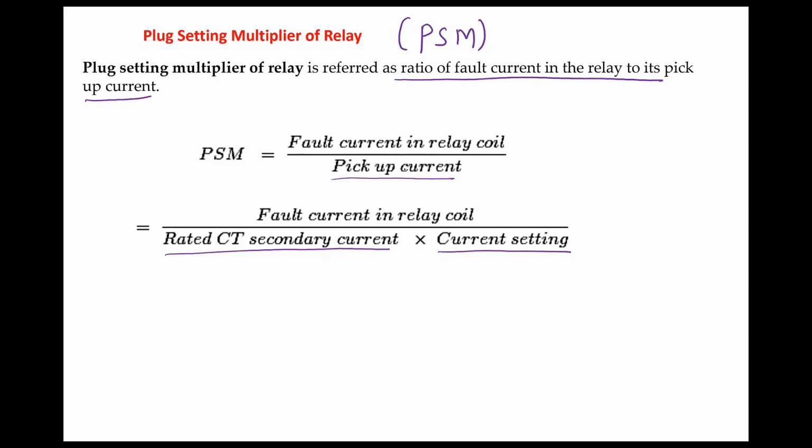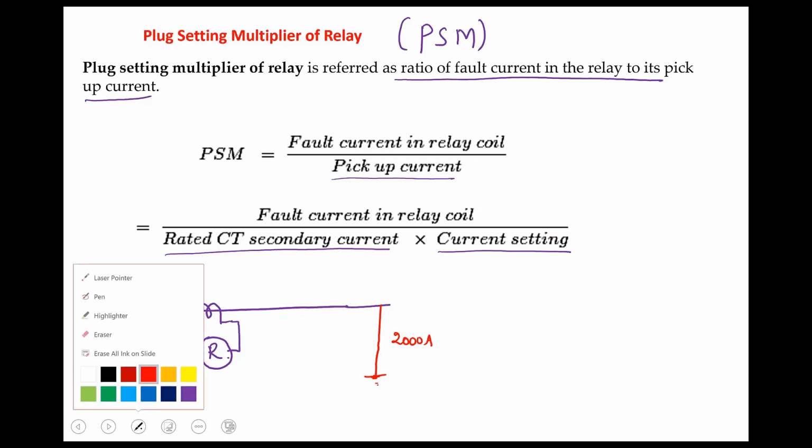Just to give you an example, let us take this is a line and here a CT is connected, and this secondary is connected to a relay. R is the relay. Here there is a fault where the fault current is say 2000 ampere.